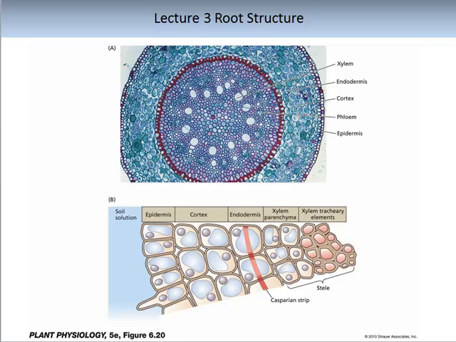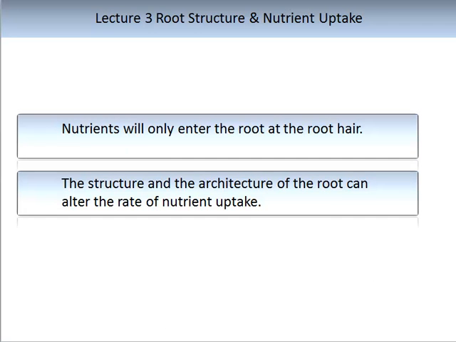So nutrients will enter the soil solution, they will travel through the epidermis and cortex, through the endodermis where the Casparian strip is located, and then into the xylem parenchyma. Some important facts to take on board. Nutrients will only enter the root at the root hair. The structure and the architecture of the root can alter the rate of nutrient uptake.